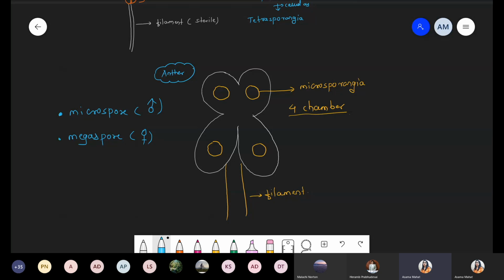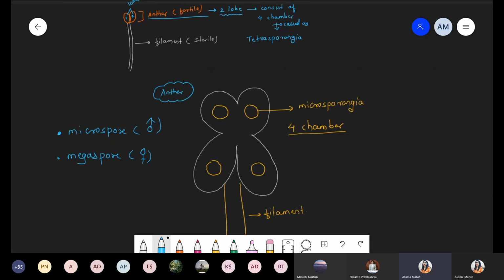More specifically, microsporangia means a collection of male spores. And what is the meaning of tetra? Tetra means it consists of a total of 4 chambers. If you look here, these are the 1st chamber, 2nd chamber, 3rd chamber, 4th chamber. So this is the total tetra-chamber structure, and these four chambers are called the tetrasporangia. More specifically, it is called the tetramicrosporangia.